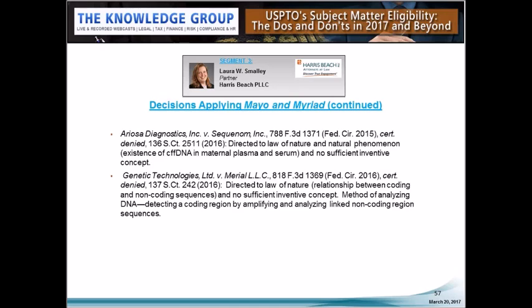In the Genetic Technologies case decided in 2016, the Federal Circuit determined that the claims were directed to a law of nature, the relationship between coding and non-coding sequences, and that the claims did not have a sufficient inventive concept to render them patentable. Genes typically contain both coding regions, called exons, and non-coding regions called introns.